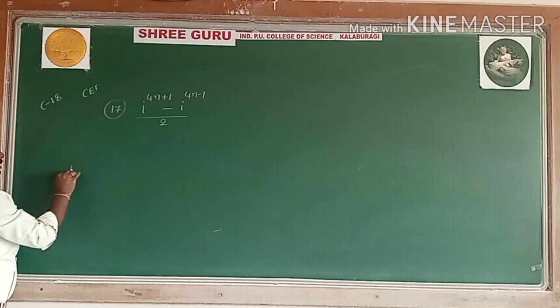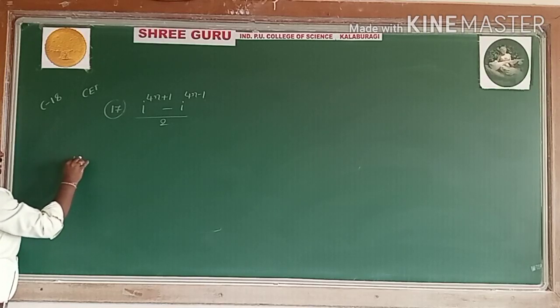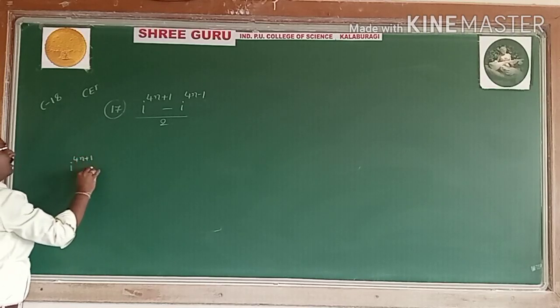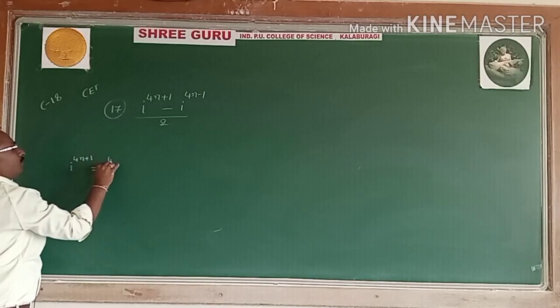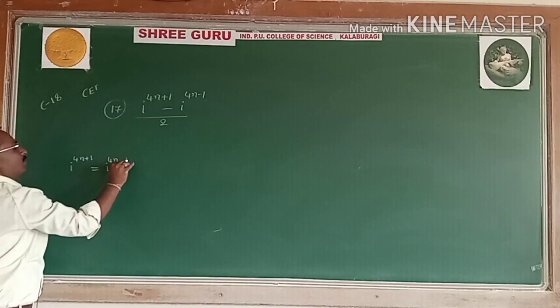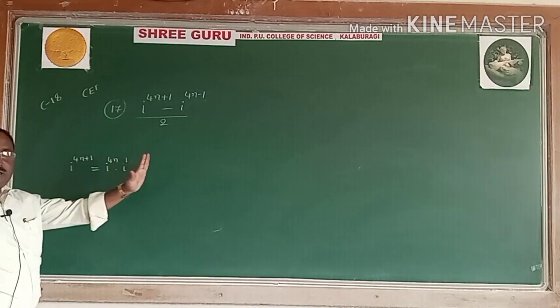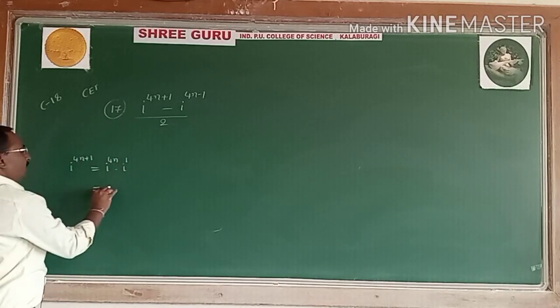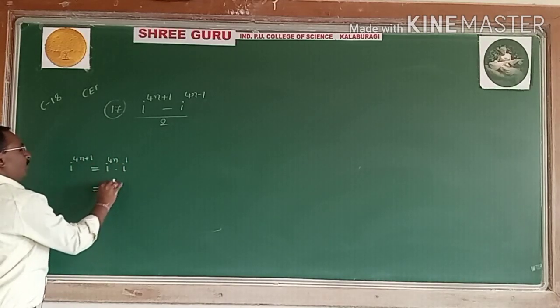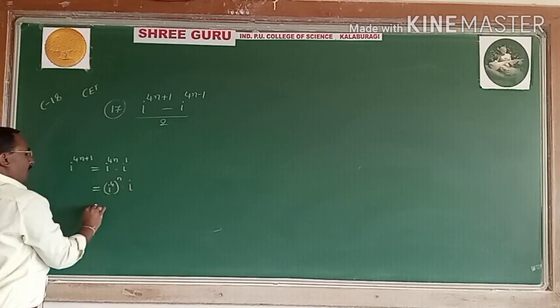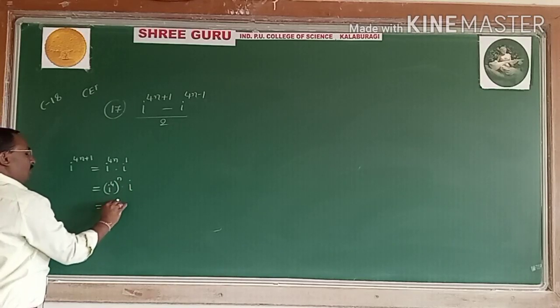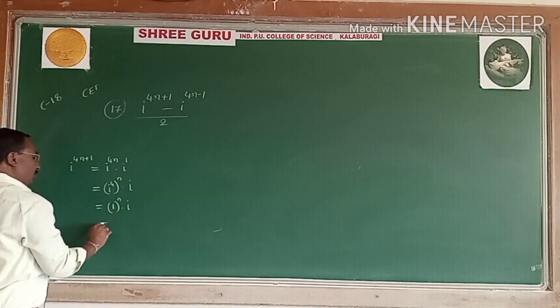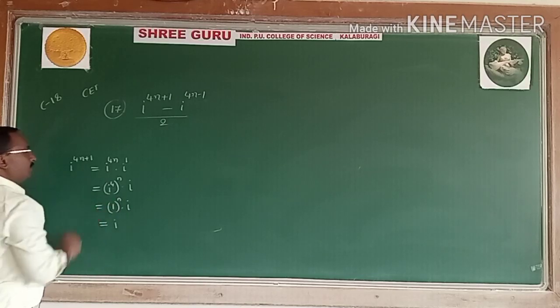Here i power 4n plus 1 can be written with the same base, and the powers should be added: i power 4 whole power n into i. i power 4 is always 1, into i. 1 to the power any number is 1, so that is i.